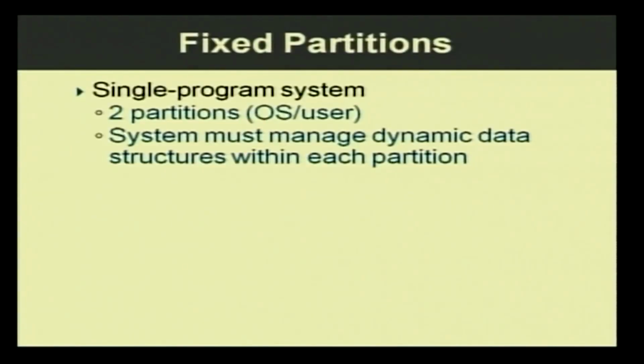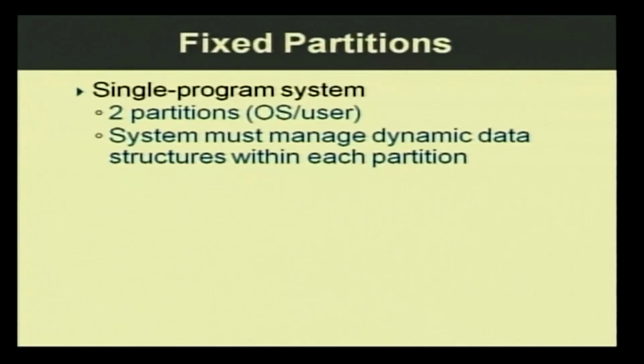We will now discuss fixed partitioning in detail. In a single program system, there will fundamentally be two partitions. One partition is handled by your operating system, the kernel, which saves the OS related system programs and processes, and the other partition is given to the user.